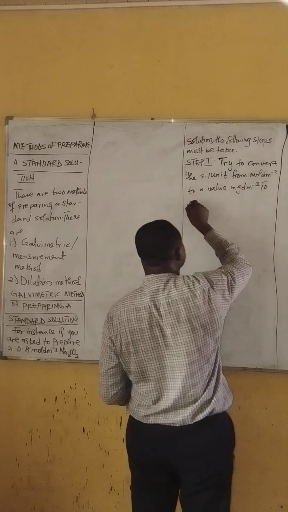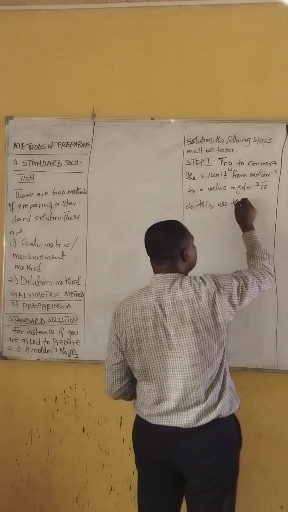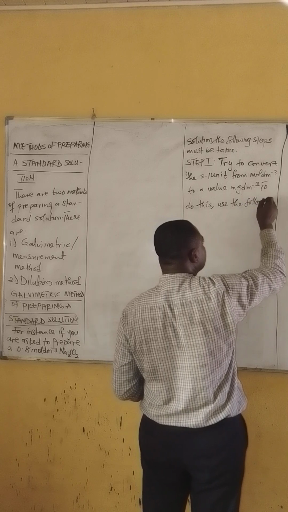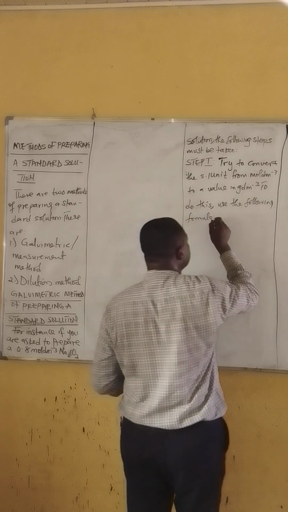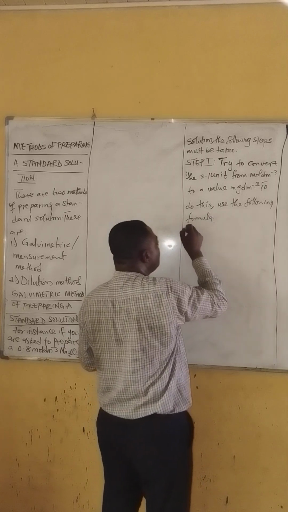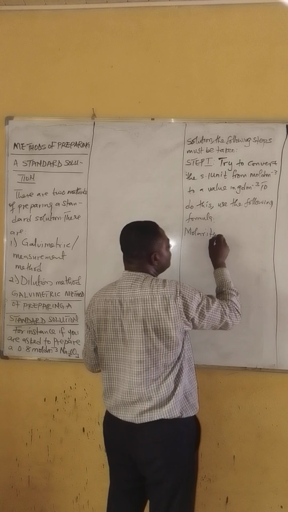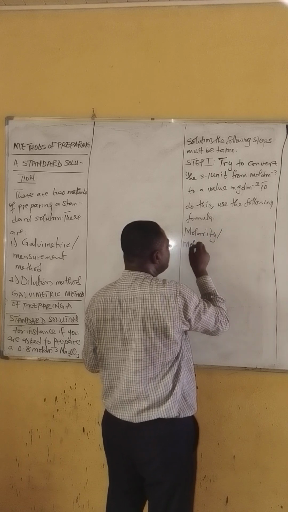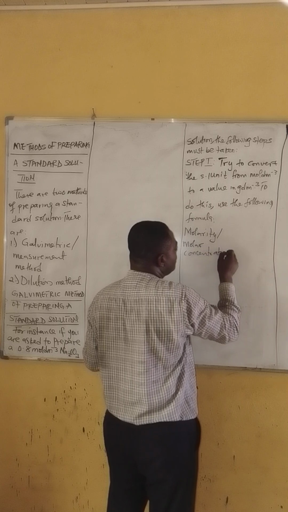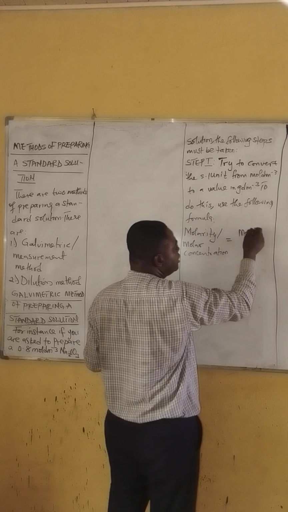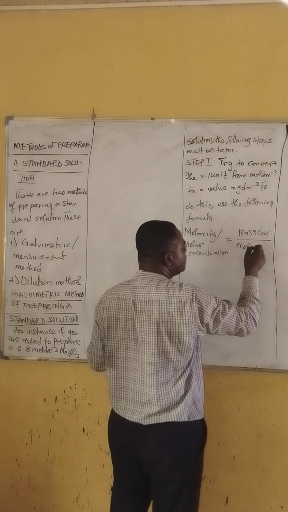To do this, use the following formula. The formula is molarity, or molar concentration, equals mass concentration over molar mass.